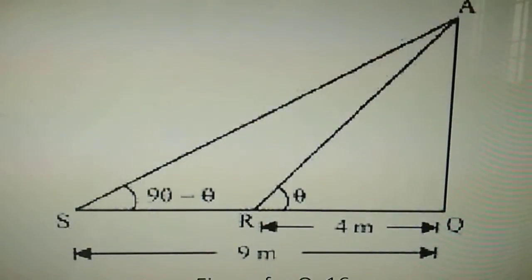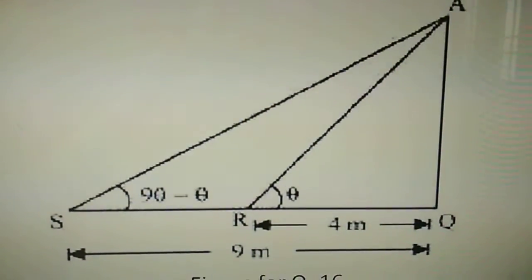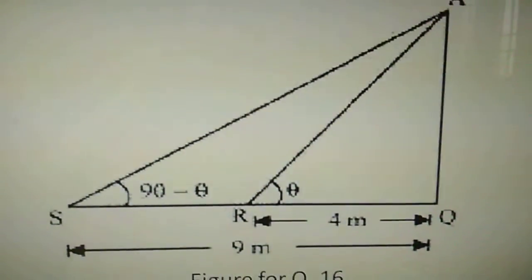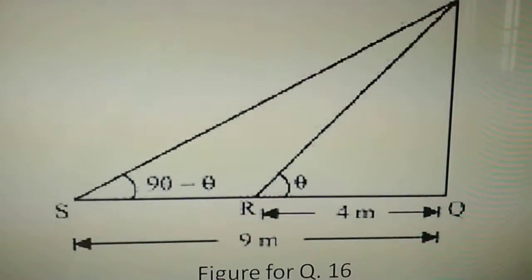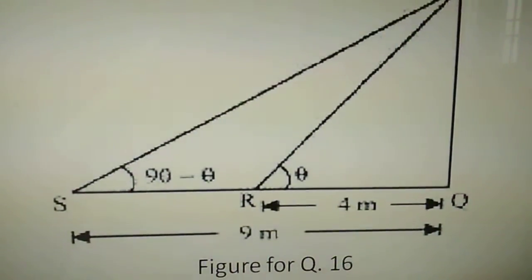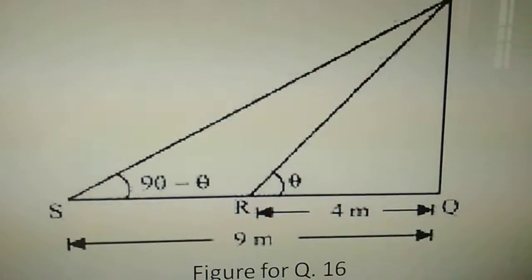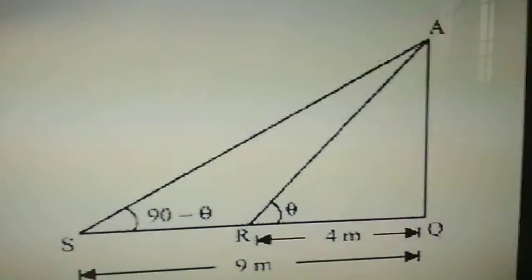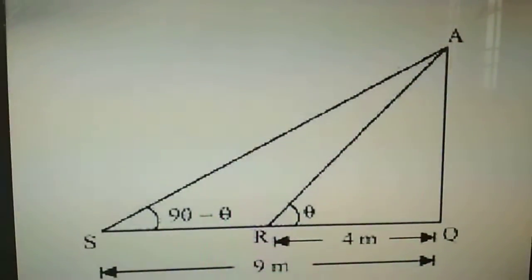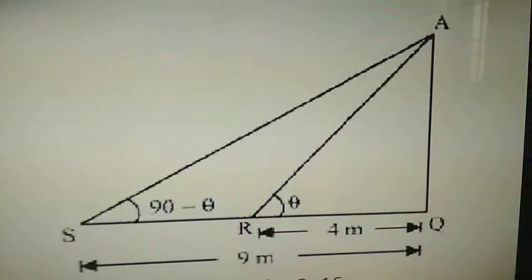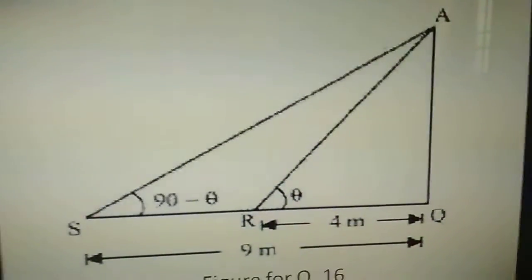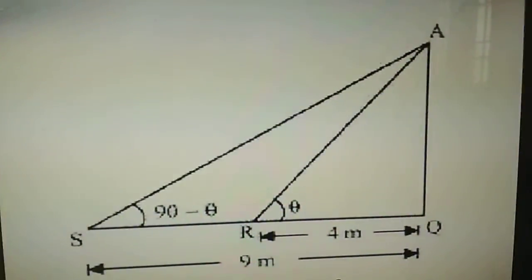We are also given that the distances of the points R and S are 4 meters and 9 meters respectively. Based on this data, we have two right triangles, as you can see, triangle AQR and triangle AQS.